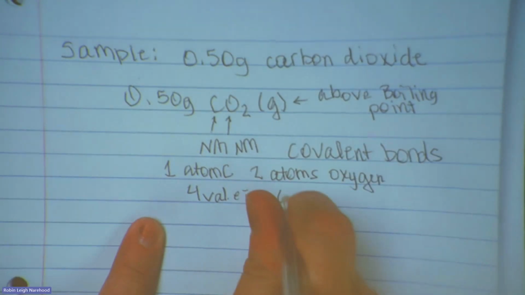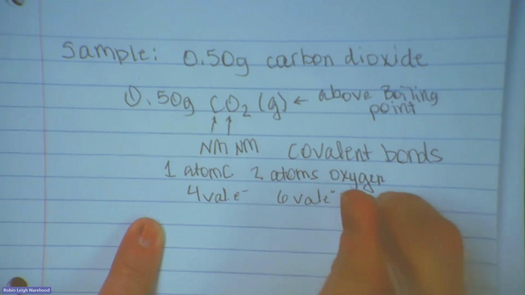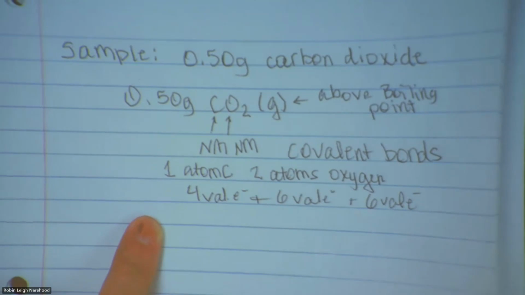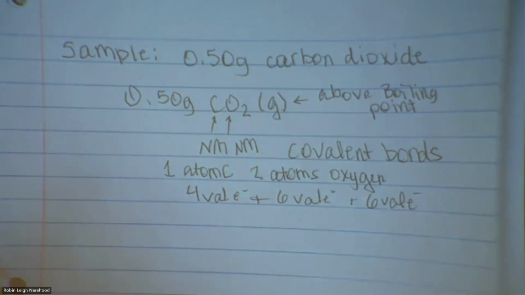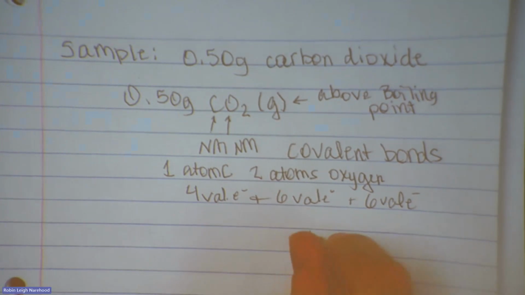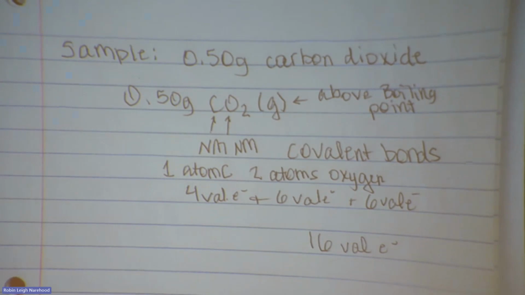And so that will be 6 valence electrons plus another 6 valence electrons, for a total of 16 valence electrons. So that's how many electrons we draw.